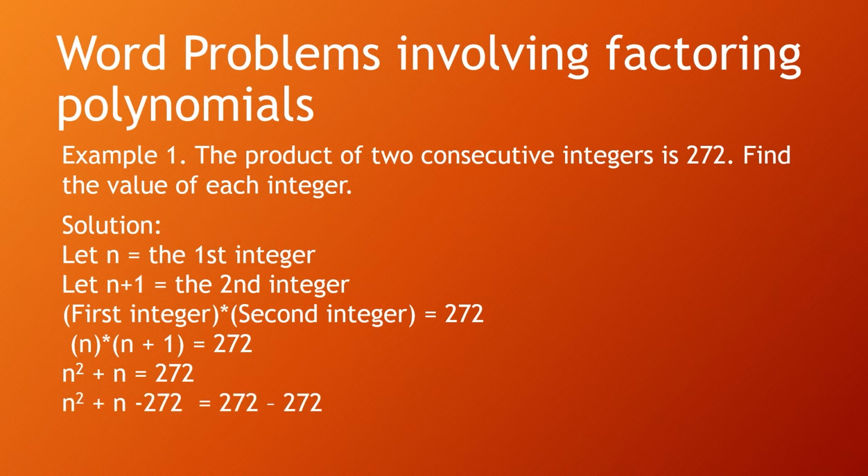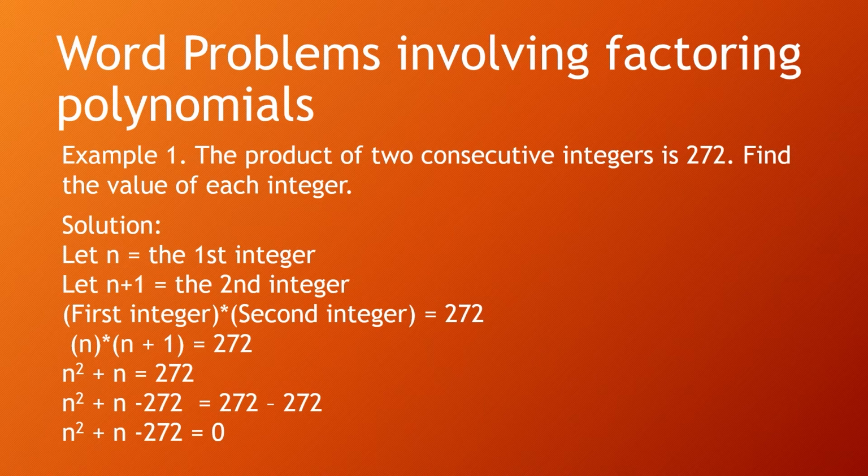Next, we're going to subtract 272 from both sides. So we have n squared plus n minus 272 is equal to 272 minus 272. So we now have an equation, n squared plus n minus 272 is equal to 0.